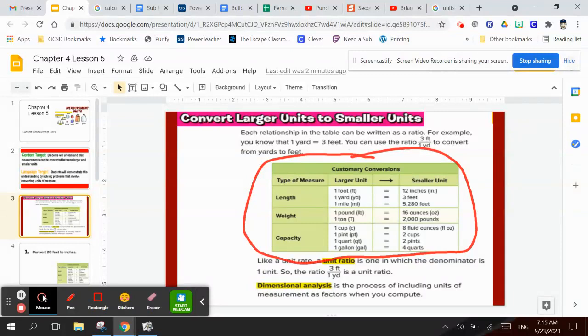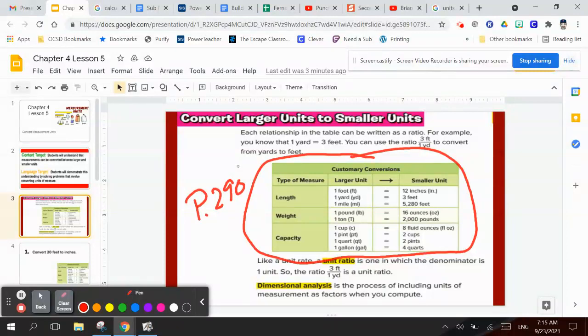Okay, so we want to make sure that we have page 290 always open when we're dealing with units of measure. So like a unit rate, a unit ratio is one in which the denominator is 1 unit. So the ratio 3 feet to 1 yard is a unit ratio.